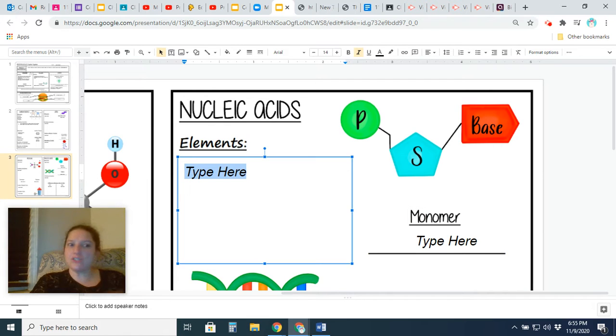Nucleic acids, just like everybody else, have carbon, hydrogen, and oxygen.